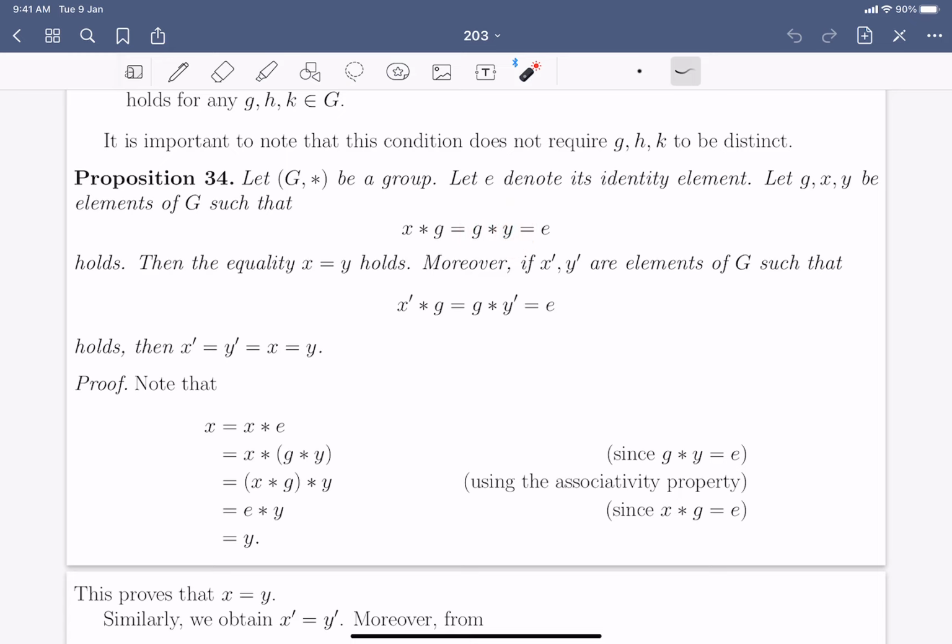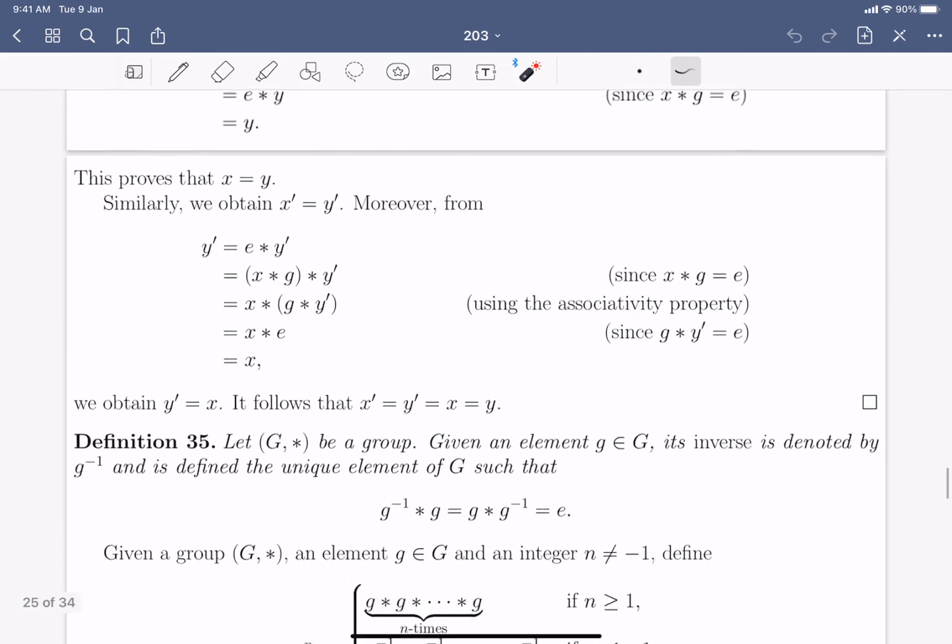But before getting into all that, if we go through proposition 34 and its proof, we see that if g is a given element and x and y are elements of G such that this condition holds, then one can show that x is equal to y, and for any other choices of such elements x prime and y prime, all these four elements are the same.